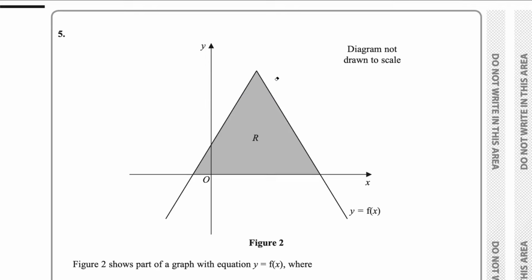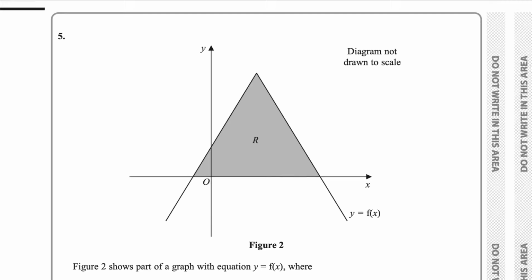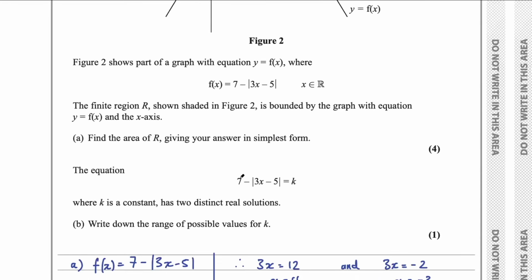So if we drew a line here, what would you call that line? Just at the maximum, you would call that line y equal to 7, right? We already worked out that maximum. So if we were to write that in equation form, k would have to be less than 7 for this to have two solutions.